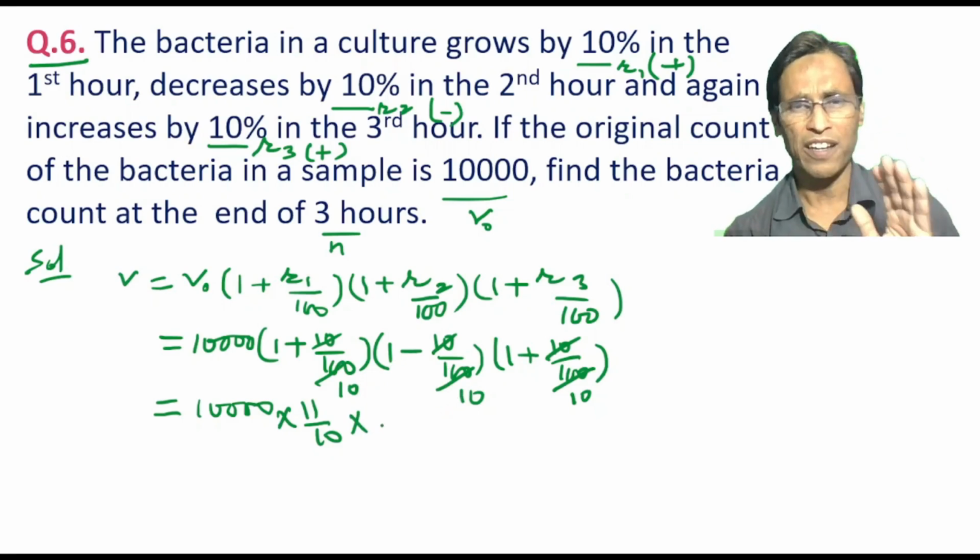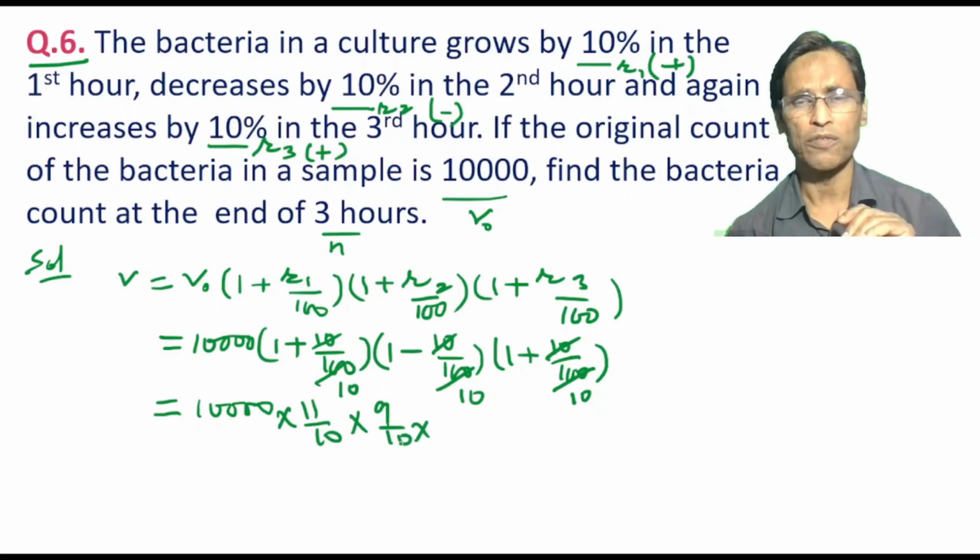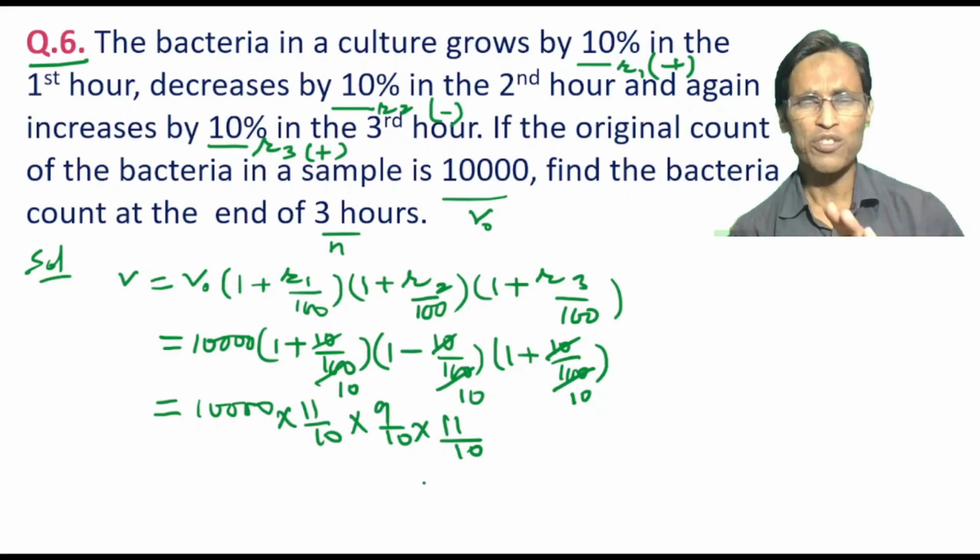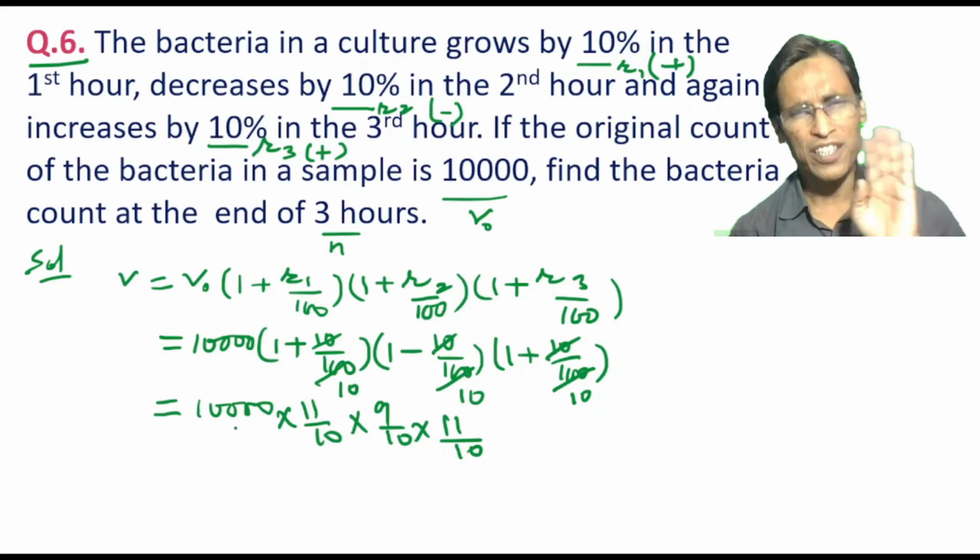9 by 10, and therefore we have here 9 by 10 into, in the last factor 1 plus 1 by 10, and so in simplification it will be once again 11 by 10, therefore 11 by 10. In the next step, 10 into 10 into 10 in denominator becomes 1000, and so 1000 can divide 10,000 in 10 times.